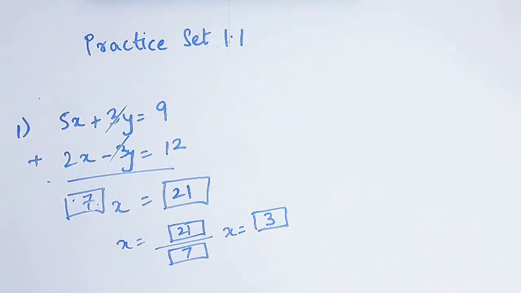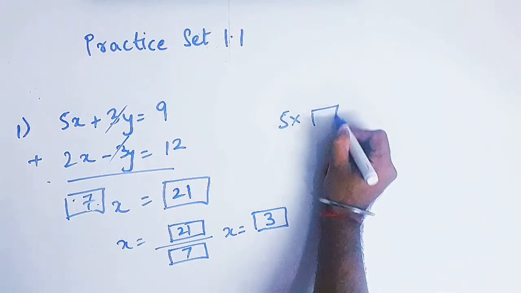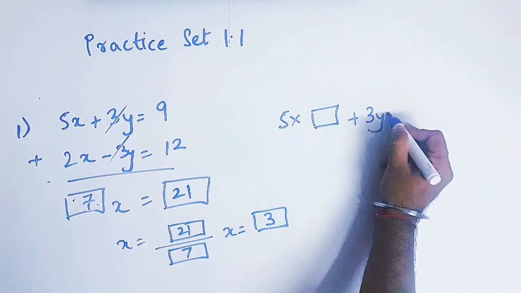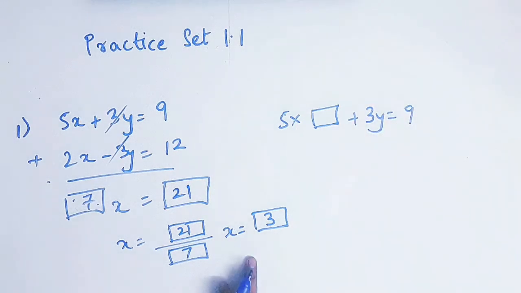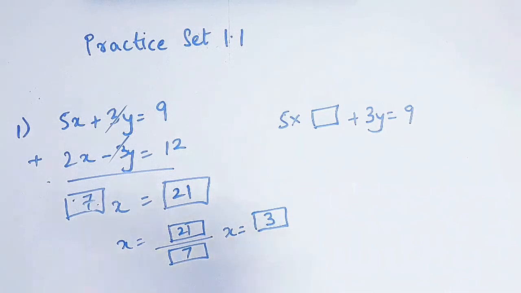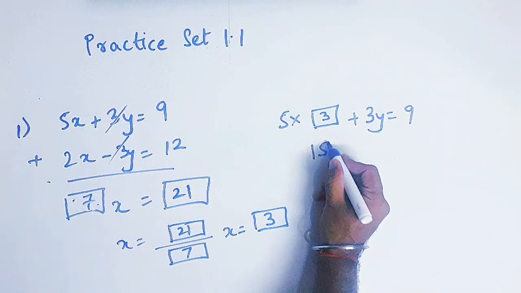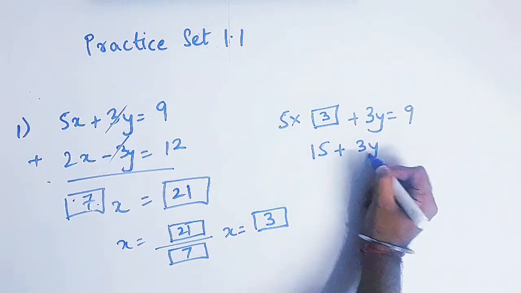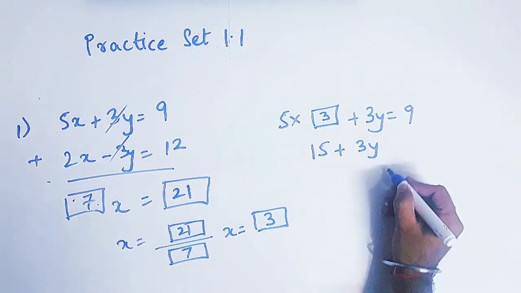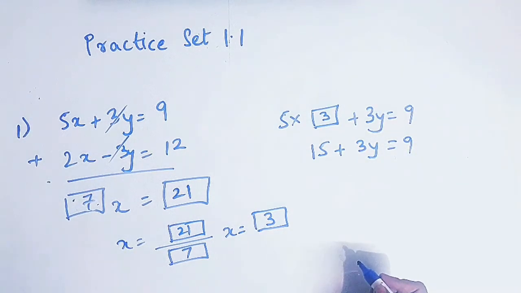Now we have to do 5 into dash plus 3y equals 9. This we have to place in the first equation. So 5 into 3, this is 15, plus 3y equals 9.